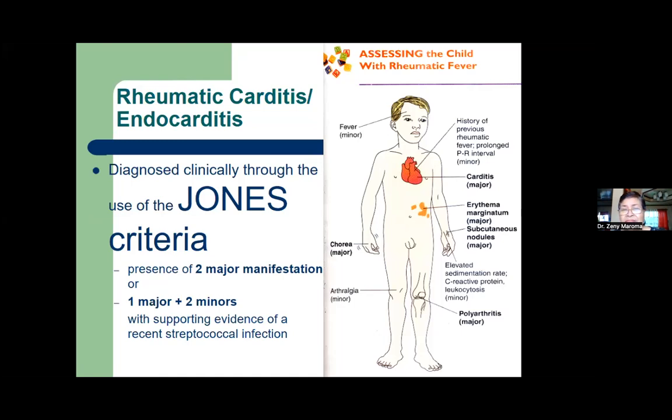Subcutaneous nodule. Major. Elevated ESR. Minor. Elevated C-reactive protein. Minor. Leukocytosis. Minor. So, according to Jones criteria, presence of 2 major, or 1 major plus 2 minor, with supporting evidence of recent streptococcal infection, we diagnose the patient to have rheumatic heart disease.